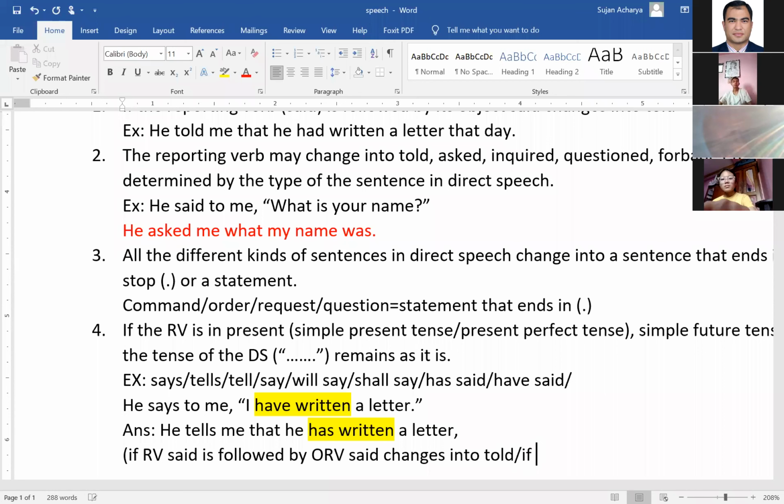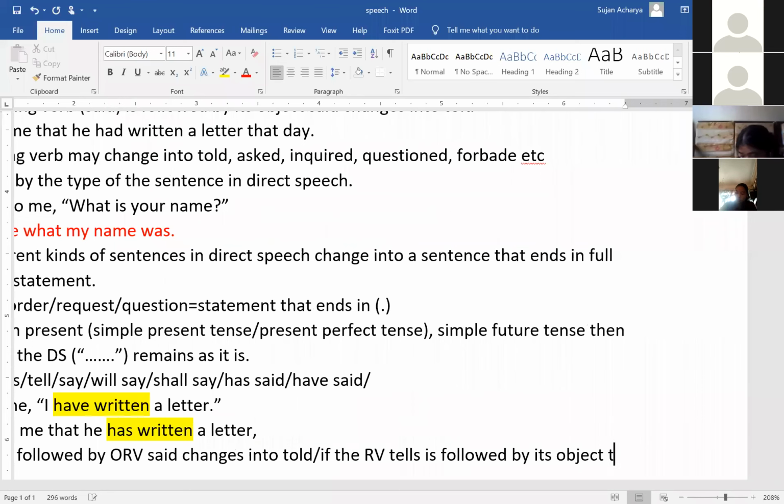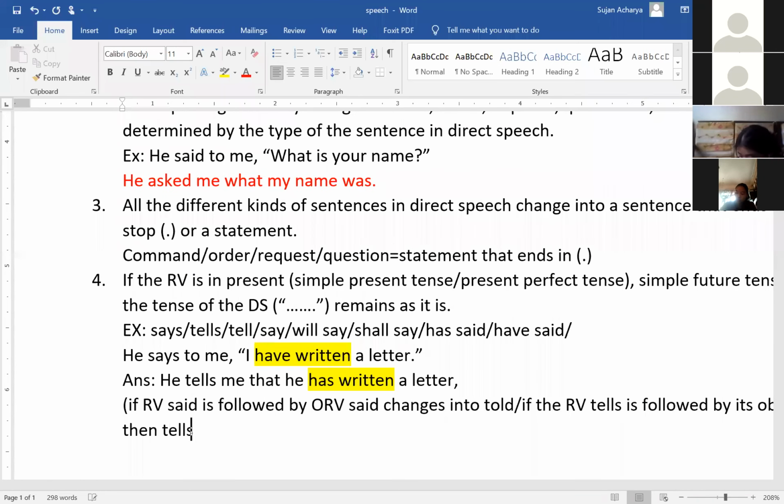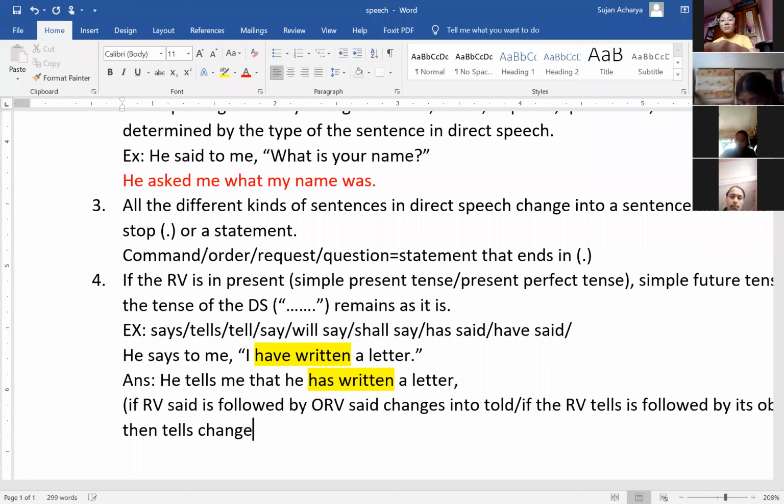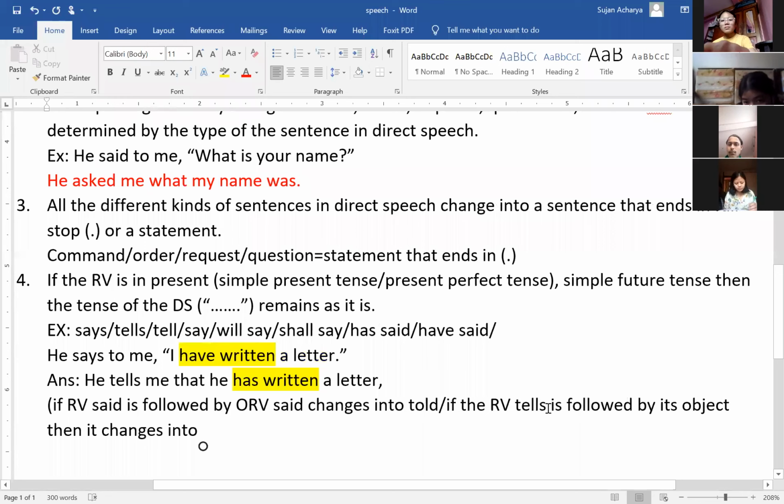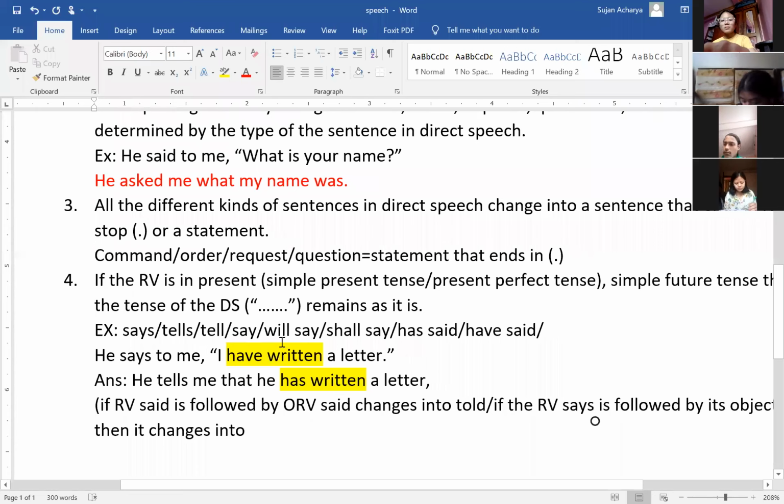Similarly, if the reporting verb says is followed by an object, then it changes into tells. This is important.